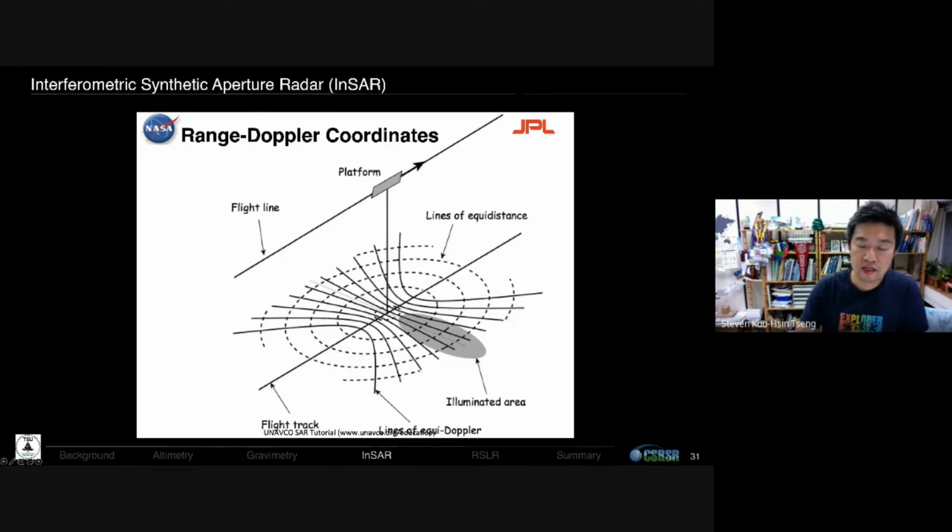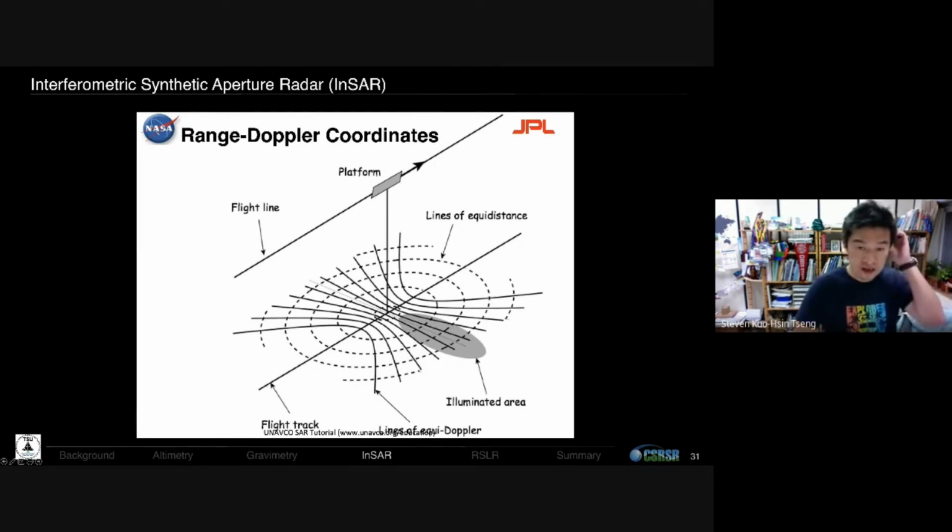So in the illuminated area to the left and to the right, you can see some solid curves. The solid curve is called the equal Doppler delay. Along the same solid line, the Doppler shift is the same. And you can see the circular dashed lines. That's the equidistance line, or the latency line.